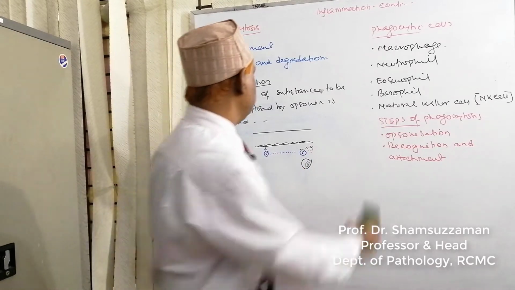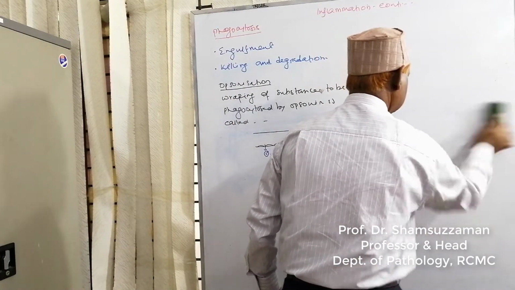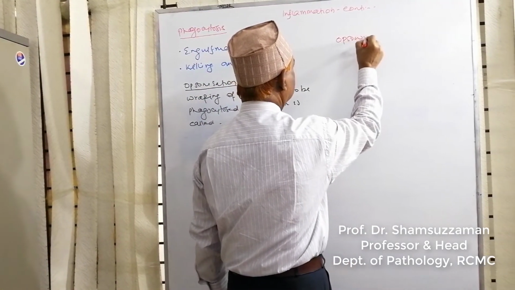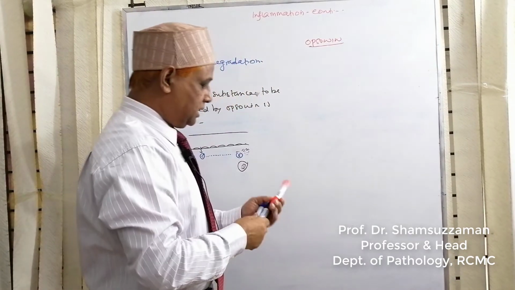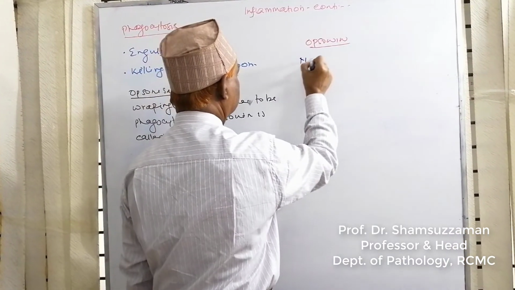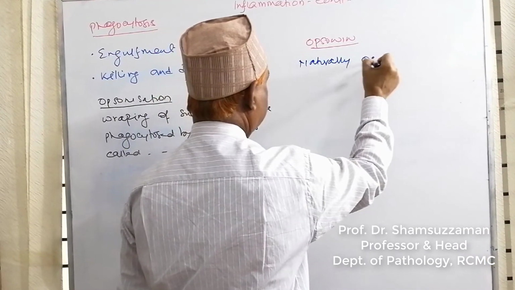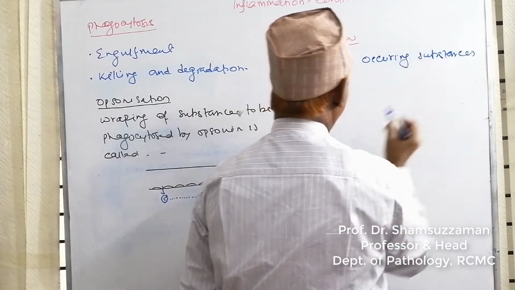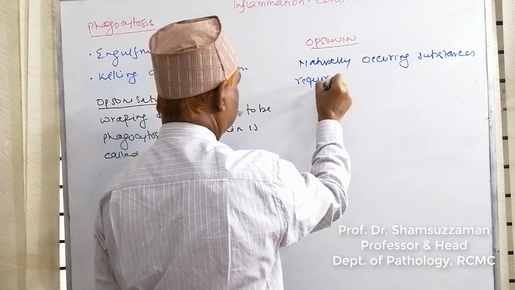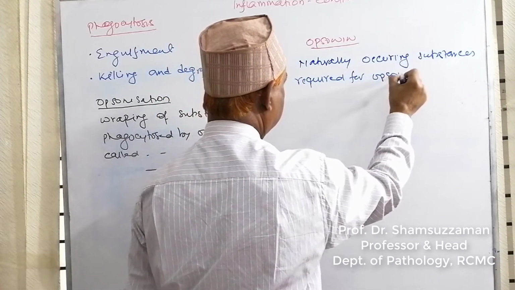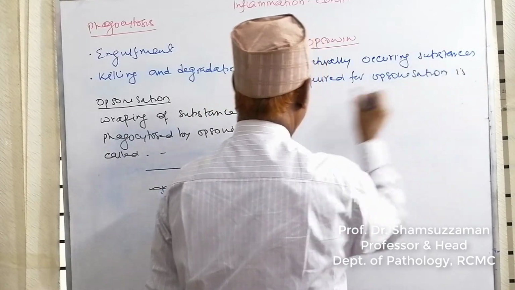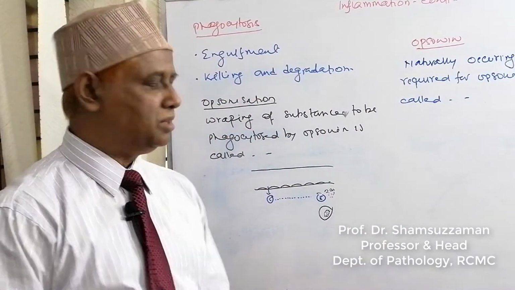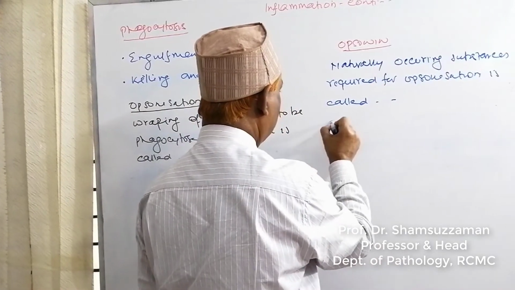Now come to what is opsonin. These are the naturally occurring substances required for opsonization, called opsonin. Now come to some names of opsonin.